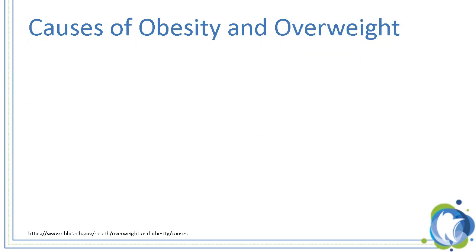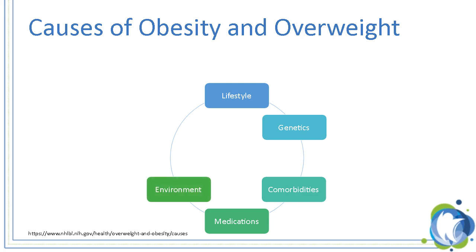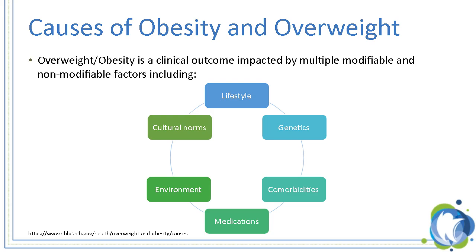The causes of obesity and overweight are multifactorial, but they can be divided into grossly 6 groups: lifestyle, genetics, comorbidities, medications, environmental factors, and cultural norms. These can be divided into modifiable and non-modifiable risk factors, and some of these risk factors actually overlap.